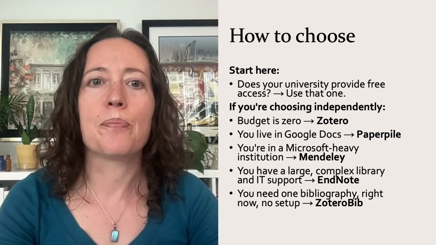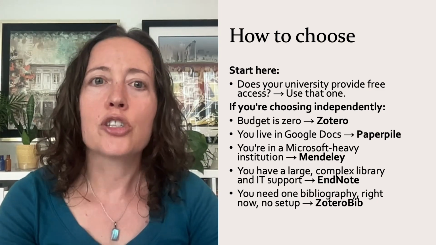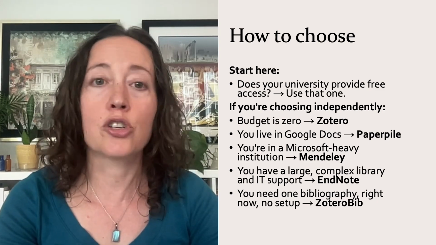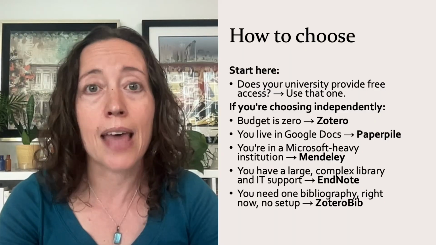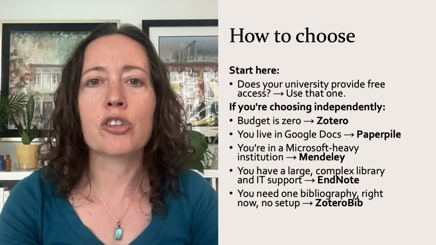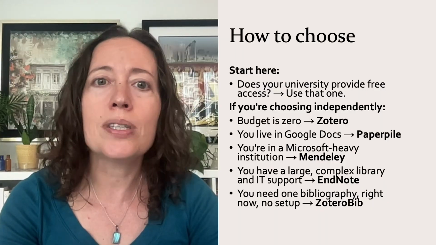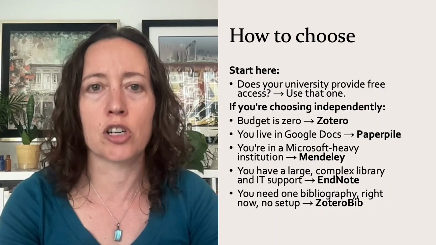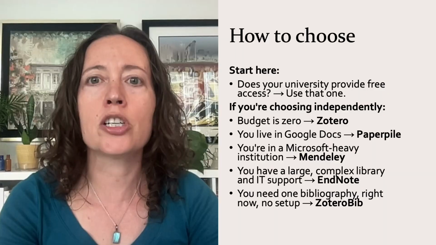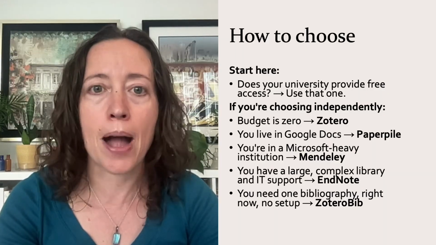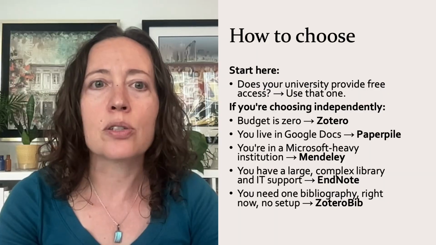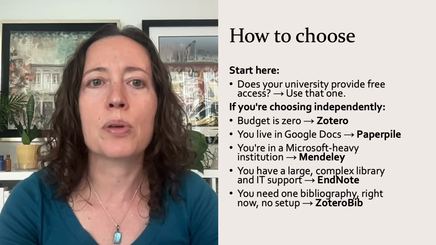So which one is for you? How do you actually choose? Start with the simplest question. Does your university provide free access to something? If yes, use that. The support infrastructure alone is worth it. If you're choosing independently, here's the shortcut version. Zero budget goes to Zotero. Google Docs users should look at PaperPile. Microsoft ecosystem researchers would be most comfortable with Mendeley.